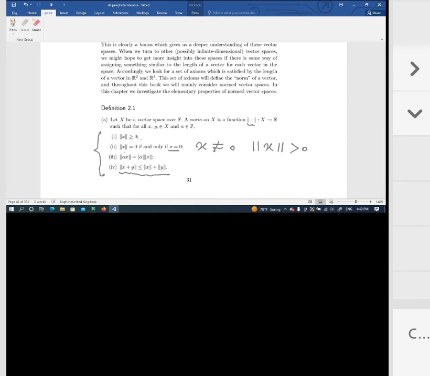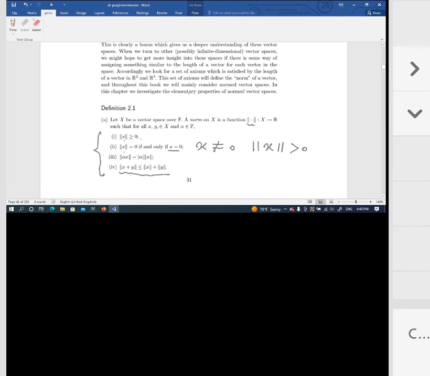So we have these properties. The norm of x is non-negative. It is positive or zero, and it is zero just when x is zero. And the norm of alpha x equals the absolute value of alpha times the norm of x.